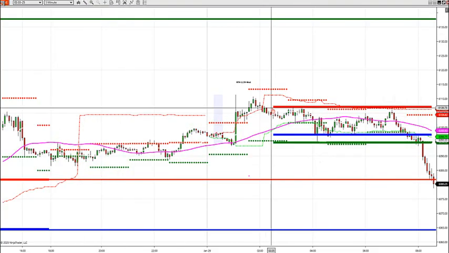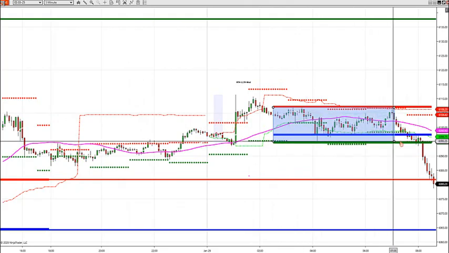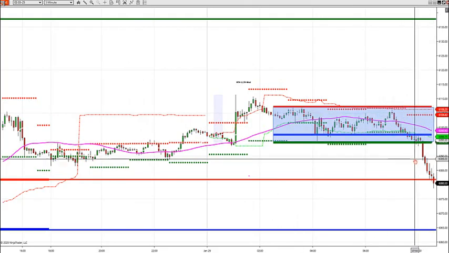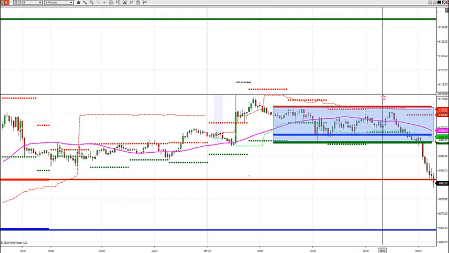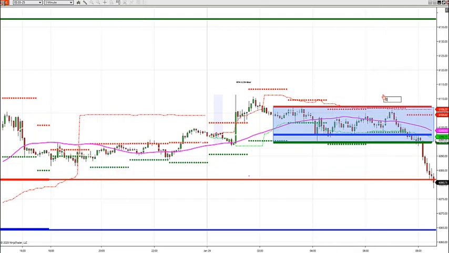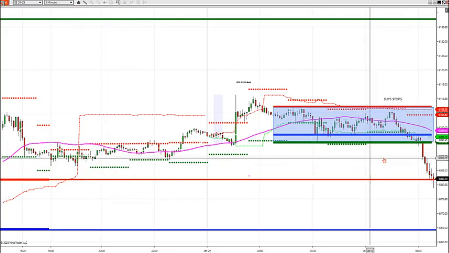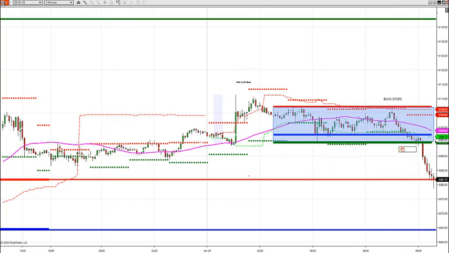Here's our daily profile right now. There's a HVA, there's LVA. And by knowing the daily profile, we know that we have resting buy stops above us outside of the daily HVA, and we have resting sell stops below us.